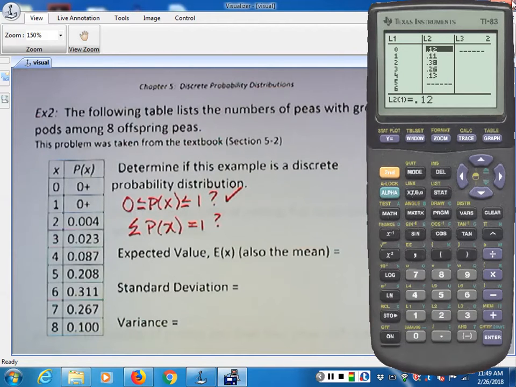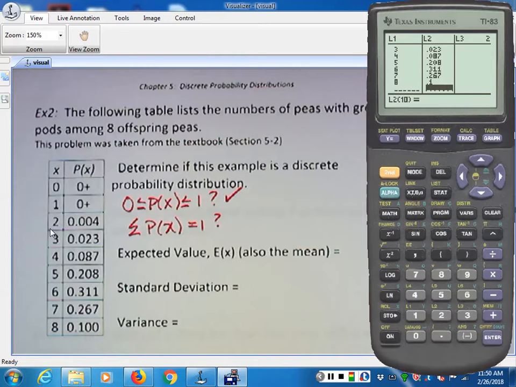And then the probabilities are 0, 0, 0.004, 0.023, 0.087, 0.208, 0.311, 0.267, 0.100.